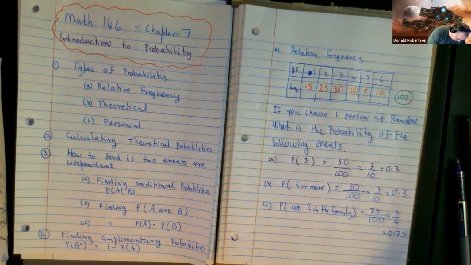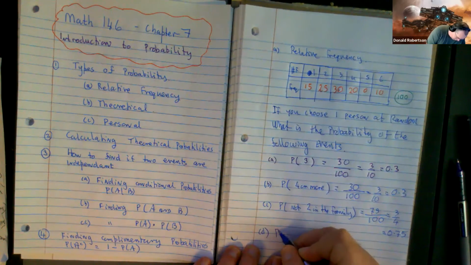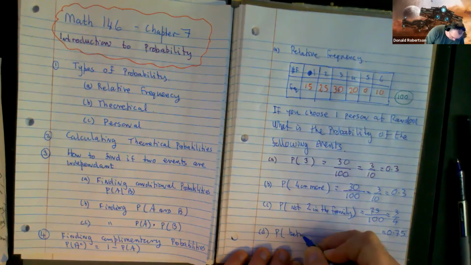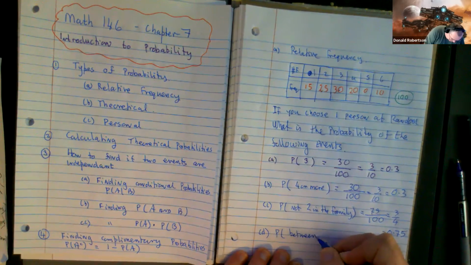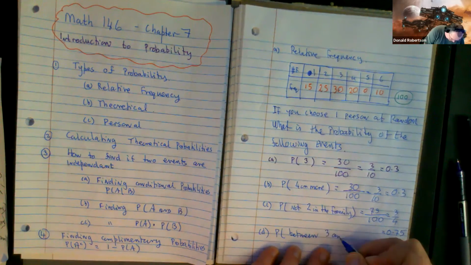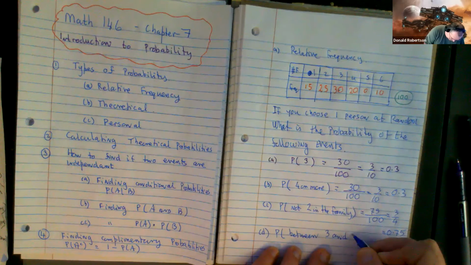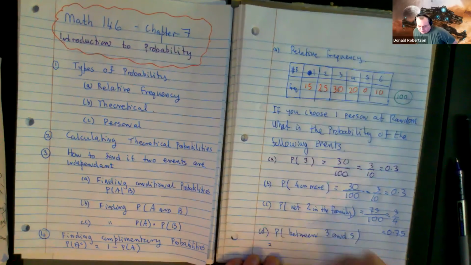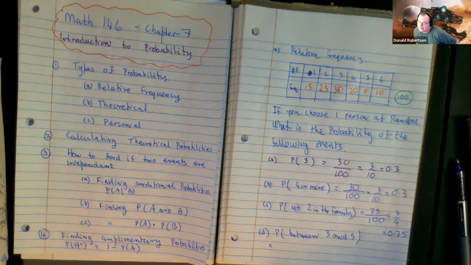And you could also get, what's the probability that it's between 3 and 5? I always wonder about 3 and 5 because do you include 3 or do you include 5? Isn't that a kind of English language choice? When I say between 3 and 5, I mean including 3 and 5, right?